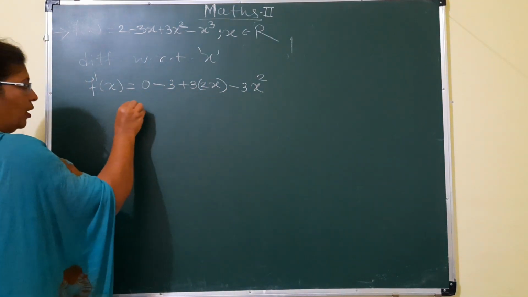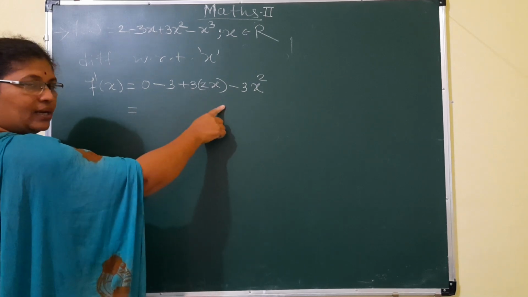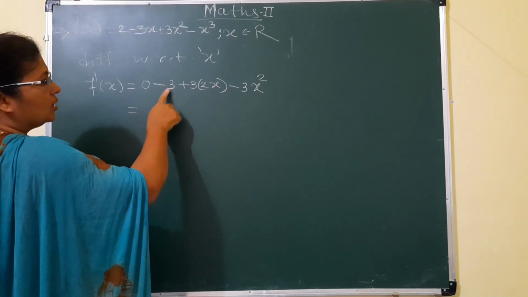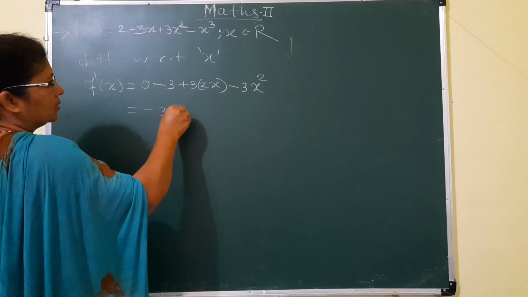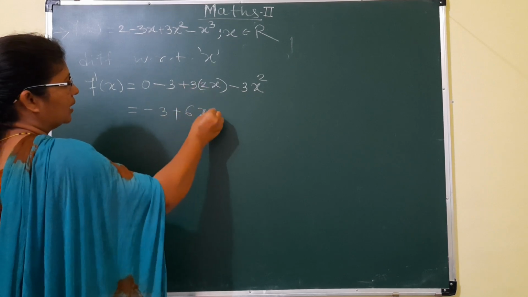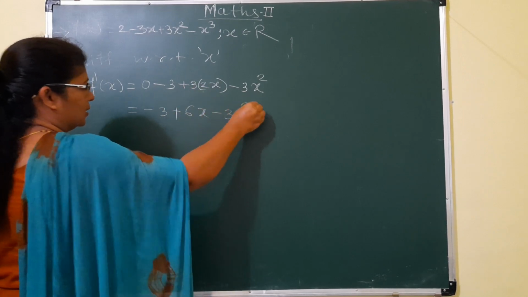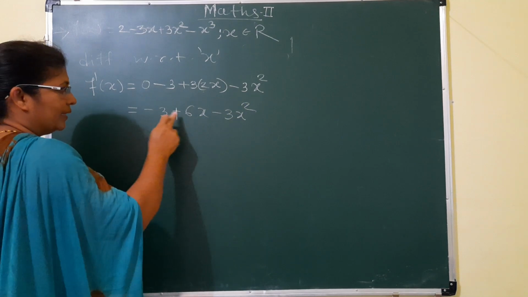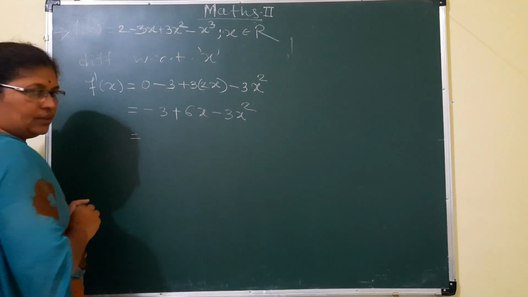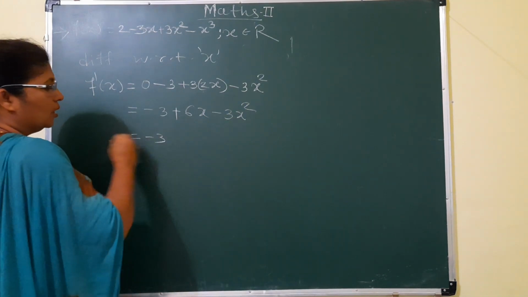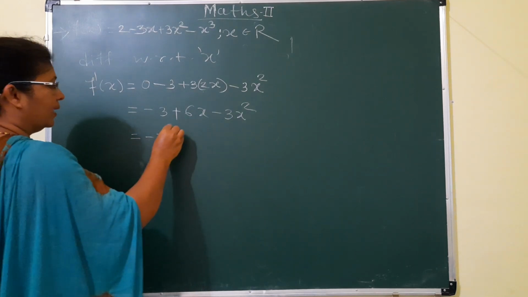So this is equal to, I will rewrite the terms, minus 3 plus 3 into 2, 6 times x, minus 3x square. I can take minus 3 as common, into the bracket with the remaining part.